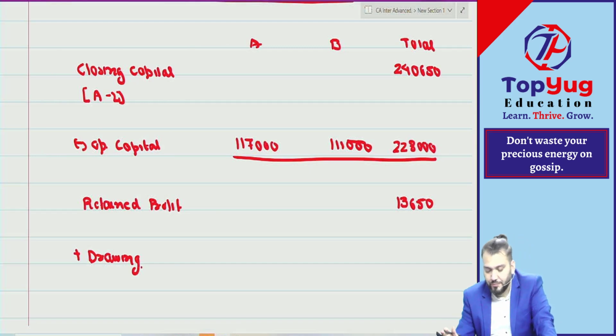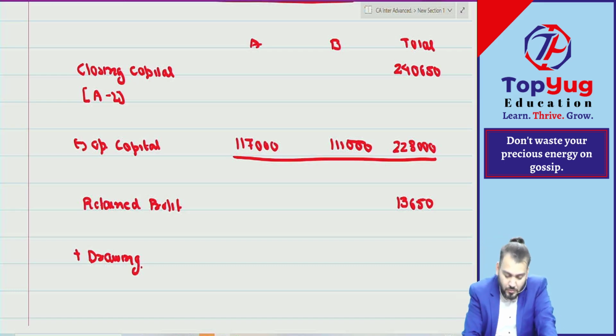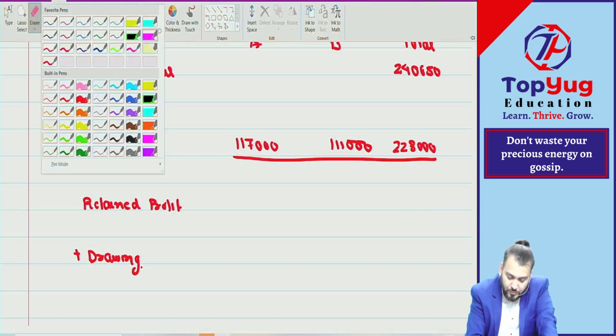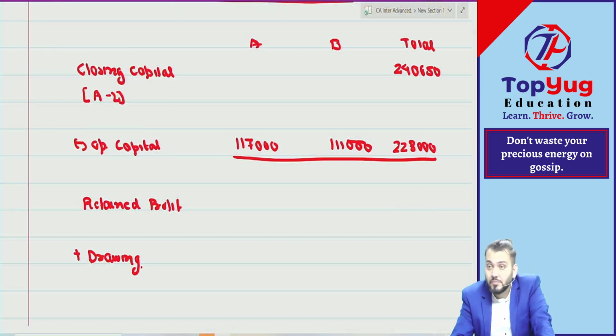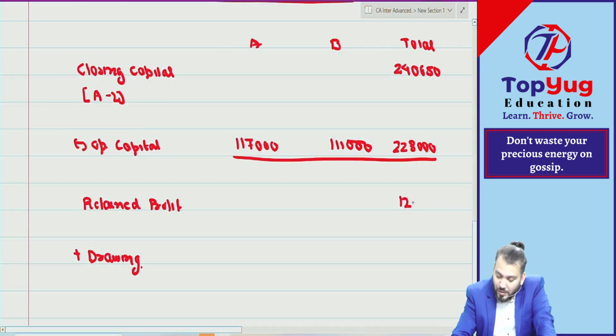Now okay, retained profit is correct. This is not correct. So how much? 12,650.